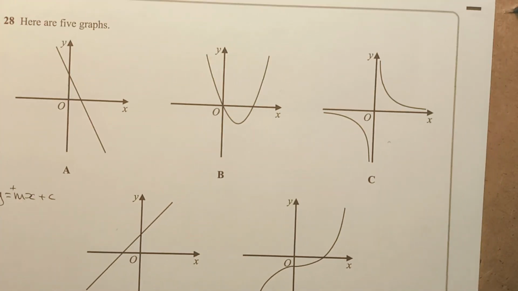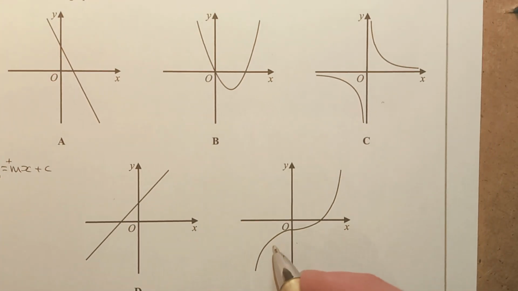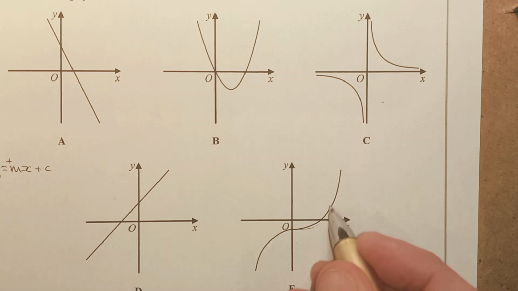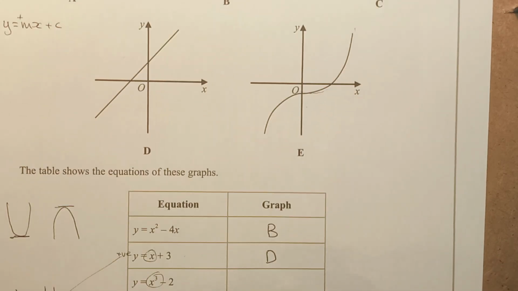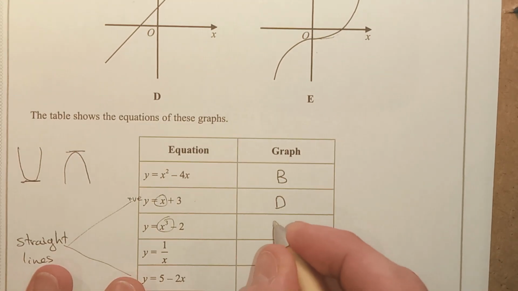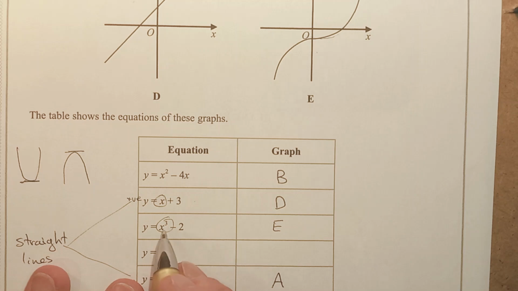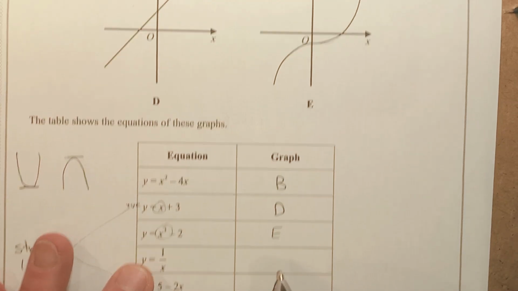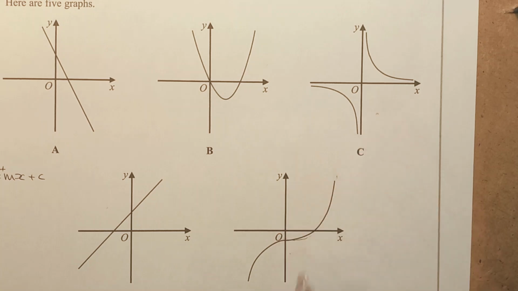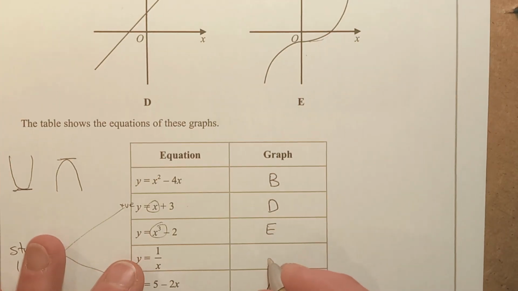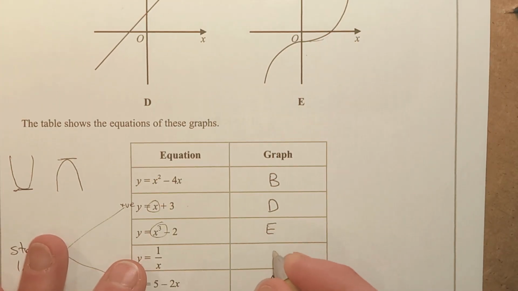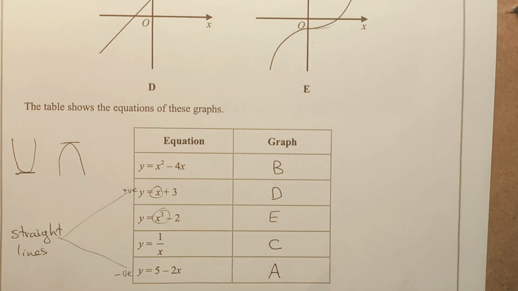And the only graph that is doing that is this one here. It's going down and then back up again. So E is going to be my x cubed minus 2, which means that y must be this one here. So that's graph C. Okay.